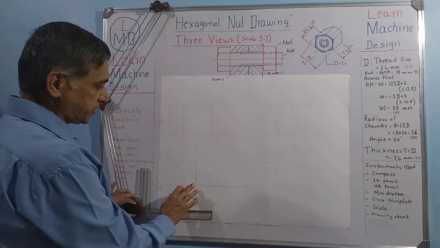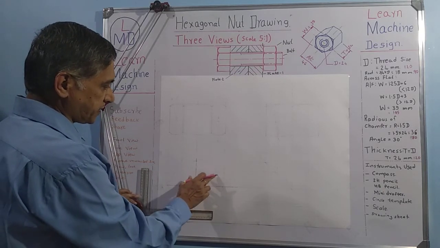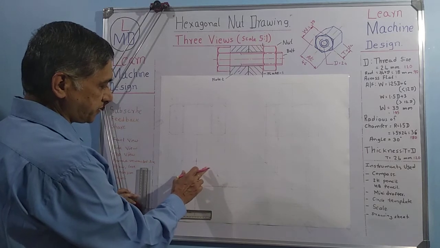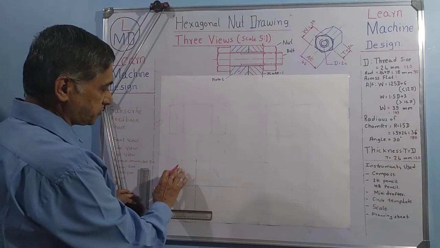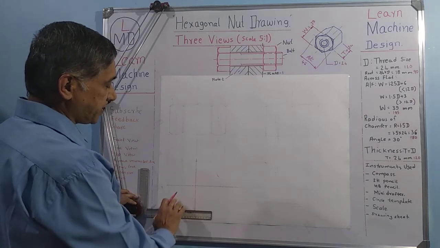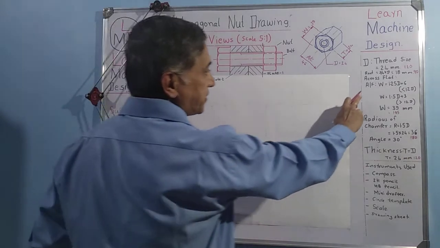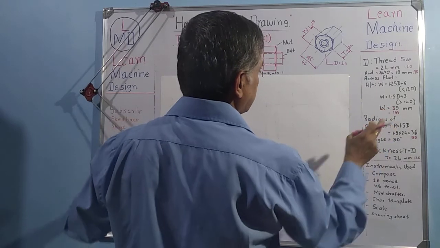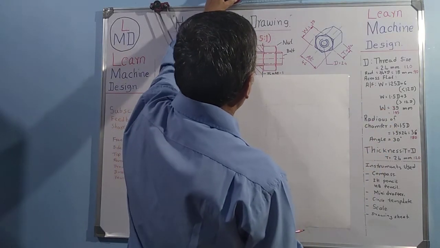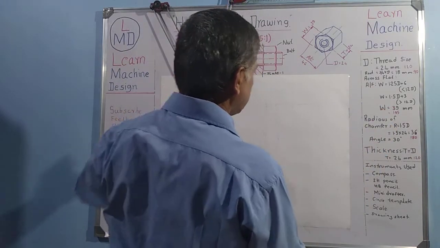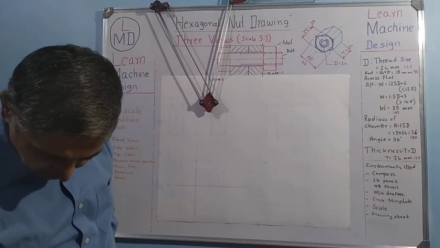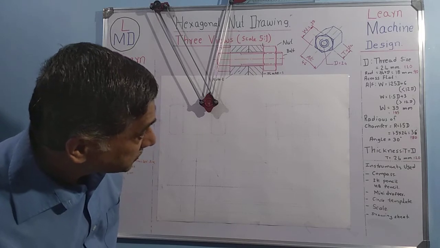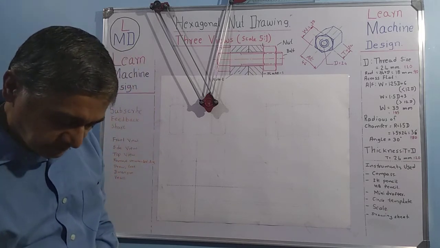So we have to draw a circle. The first important thing is to draw the circle. What is the circle? The circle is equivalent to the across-the-flat dimension. The across-the-flat dimension is how much? 39. So what we have to do? I have to draw a 39 circle. For my purpose, 39 is equal to 195 mm.